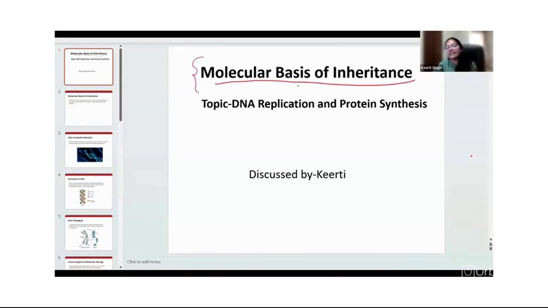So before starting, let's decode the title of this chapter. This is saying molecular basis. It means something is going on at the molecular level, something that we are not able to see through our naked eyes. The molecules which are involved in this process cannot be seen.